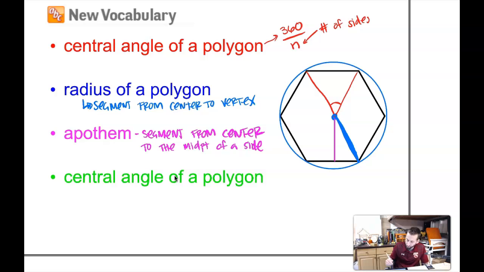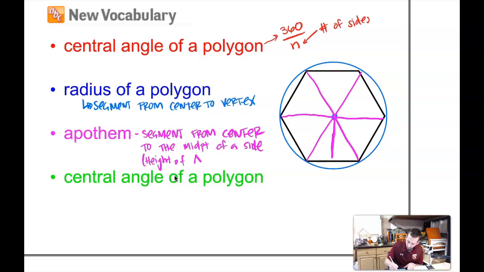Okay. If I were to focus on the triangles, and I think we can kind of see this for a minute. If I look inside of the shape, I think you guys see that it's actually made up of a bunch of triangles. Okay, in this case, actually 6 bigger triangles. The apothem is, I could also say it's the height of one of those triangles. Okay. Or I could also call that, because it goes from a vertex to the midpoint, it's also the median of a triangle.